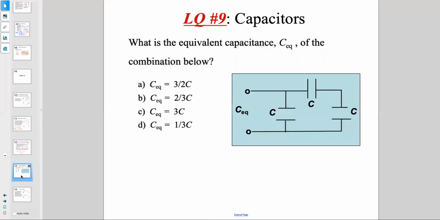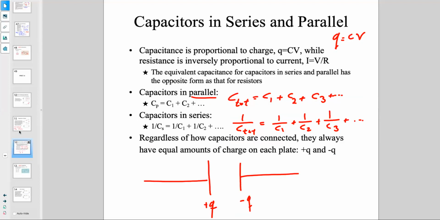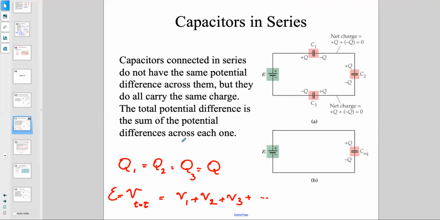So let's take a look at this. What is the equivalent capacitance of the combination? And one more very important thing: when you have capacitors in series, they do not have the same potential difference, but they all carry the same charge.